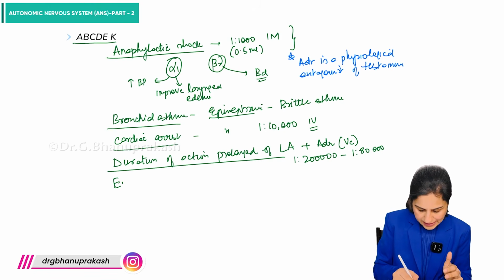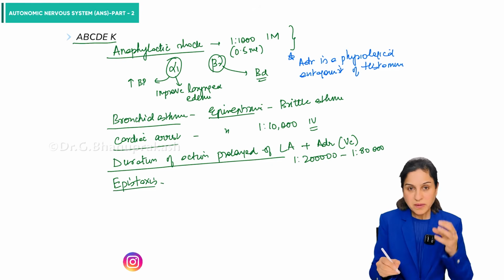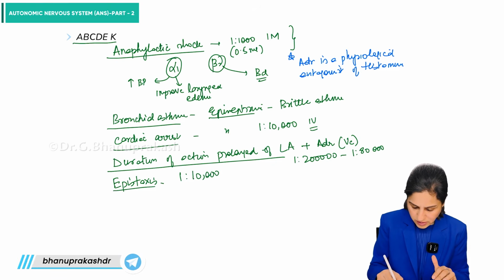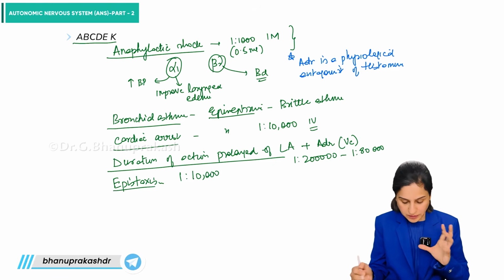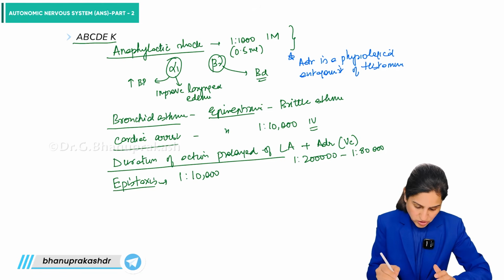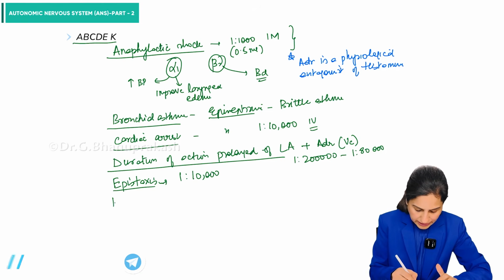Then it is E. E is epistaxis. So we give compresses of adrenaline. Again, we can use 1:10,000. That is the concentration in compression. And K stands for kalemia, so hyperkalemia.